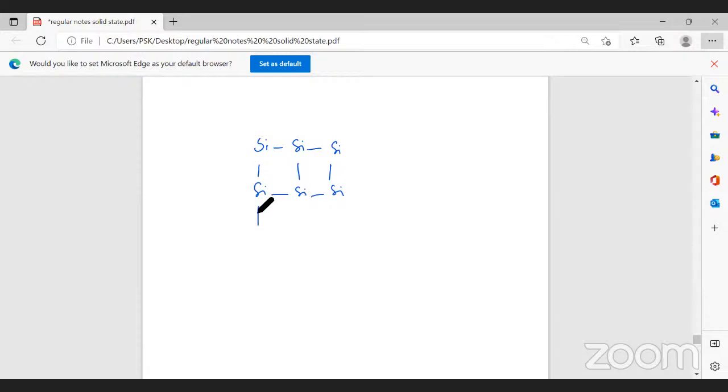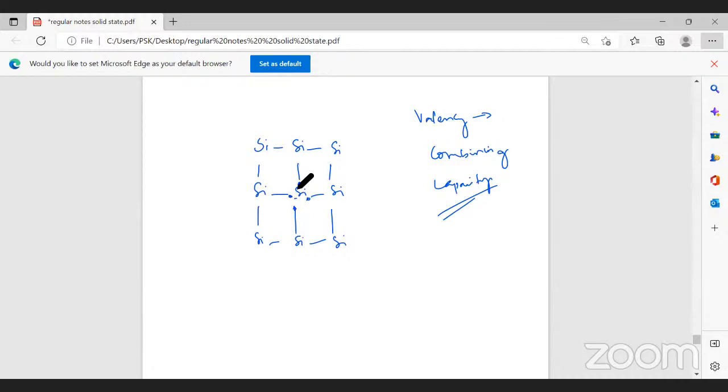The number of outermost electrons in the metal, combining capacity is called valency. See, noble gas has 8 electrons in the outermost orbit, but noble gas valency is 0. Combining capacity is called valency. Silicon has 4 electrons in the outermost orbit. It can combine with 4 other silicons. That is why the silicon valency is 4.